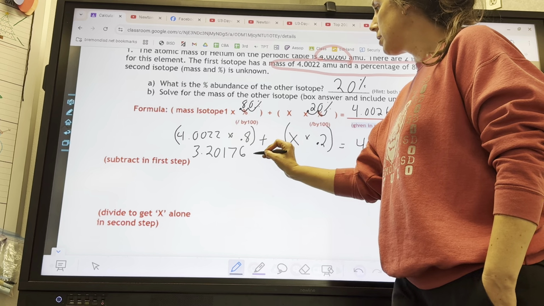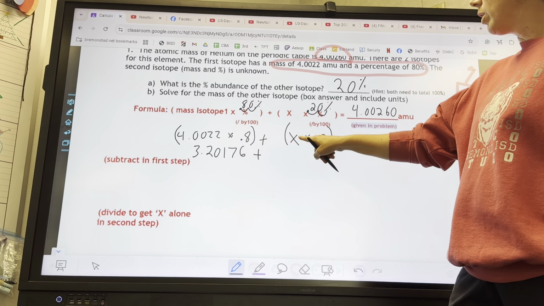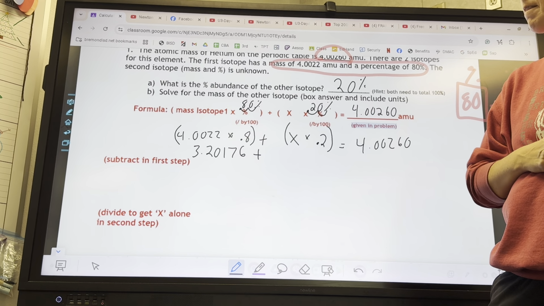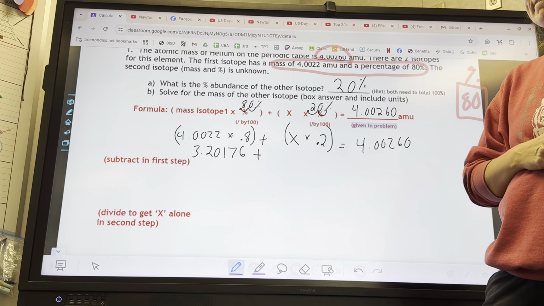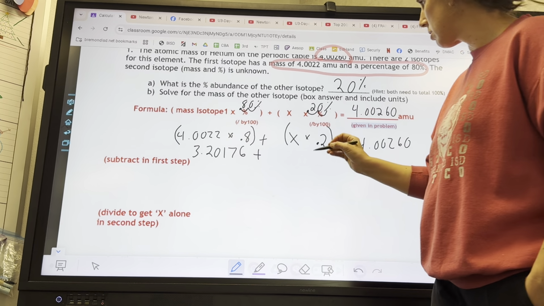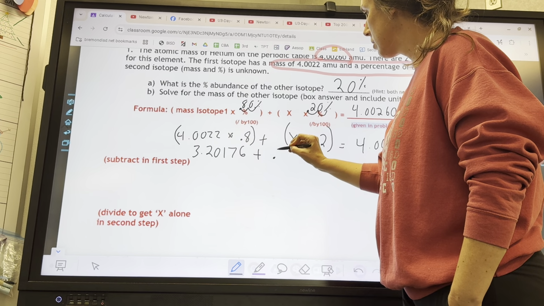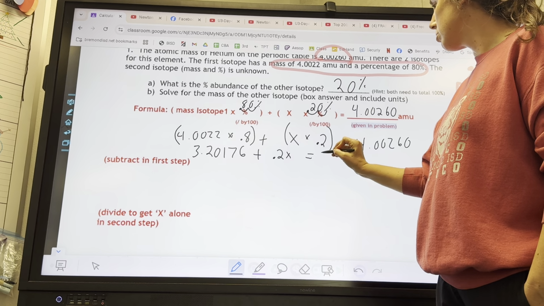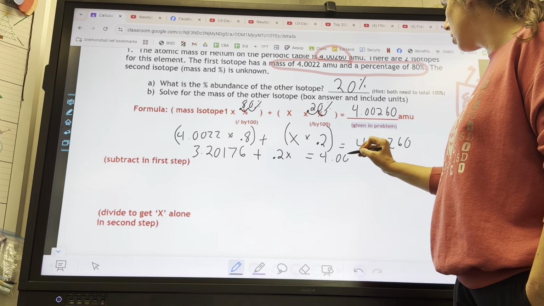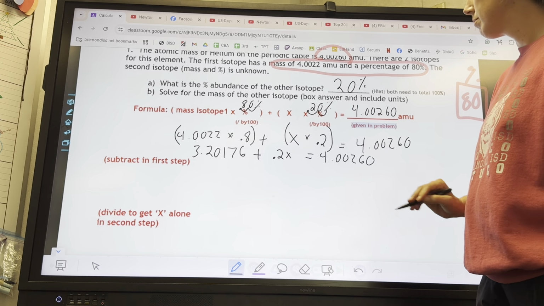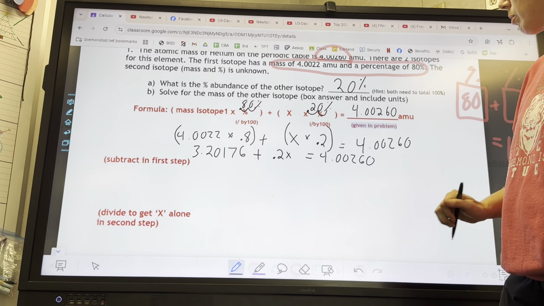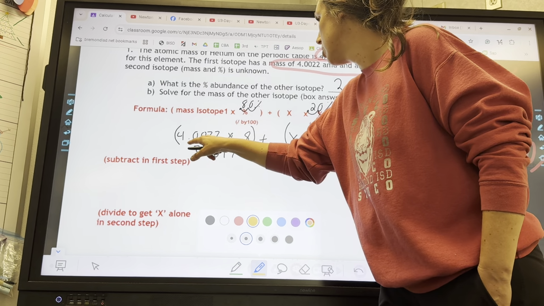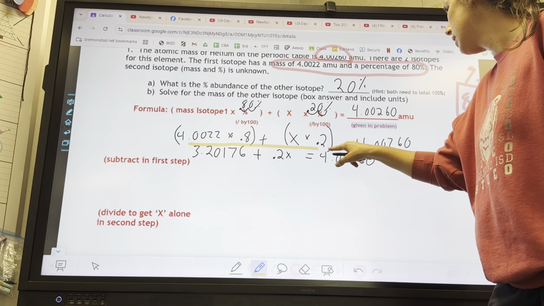Okay, plus, y'all, what's x times 0.2? 0.2x. Yeah, good. So it's just 0.2x. And then that equals 4.00260. Okay, so this is where we're at now. I'm just going to box it in with yellow. So this is where we're at right now.